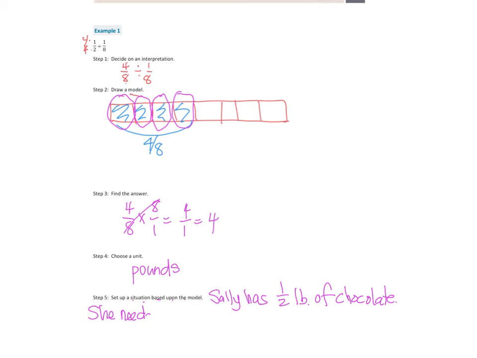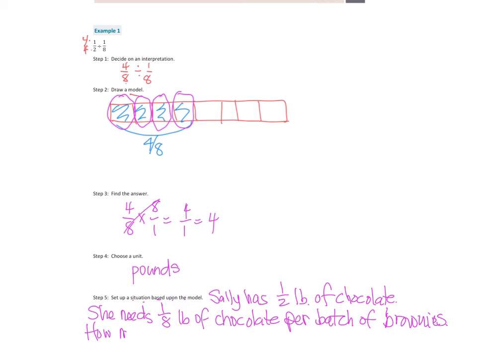She needs, let's see, 1/8 pound of chocolate per batch of brownies. So we're taking our situation, we're taking our numbers, we gave it a unit, and it's fictitious, but it's still a unit, pounds. And for this story, she needs 1/8 pound of chocolate per batch of brownies. So how many batches of brownies can she make?